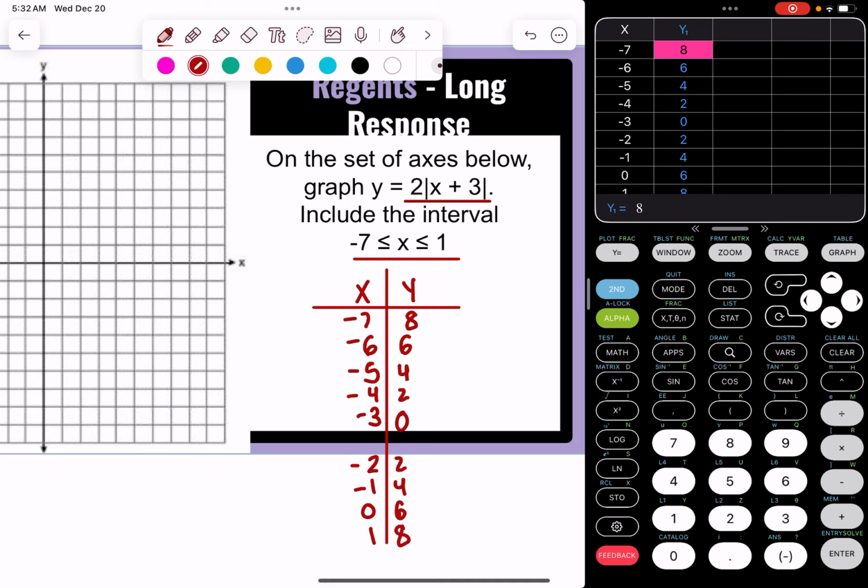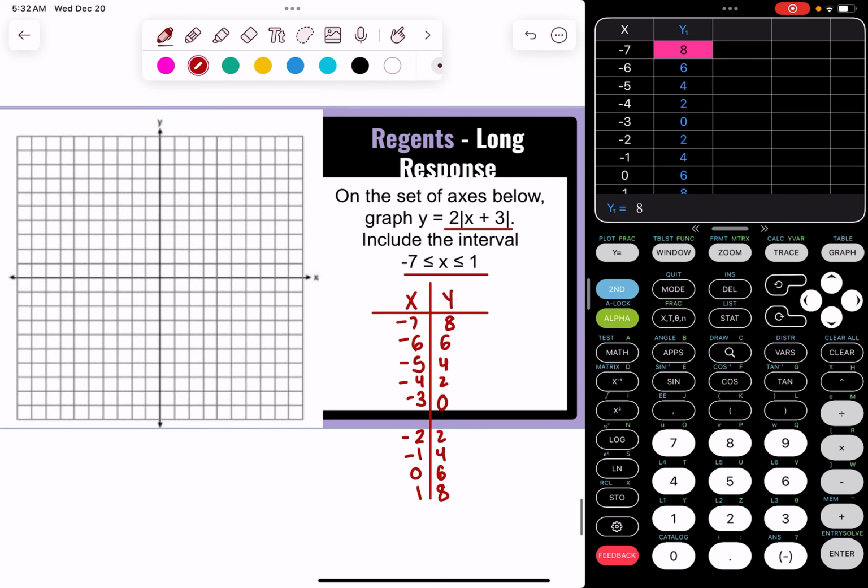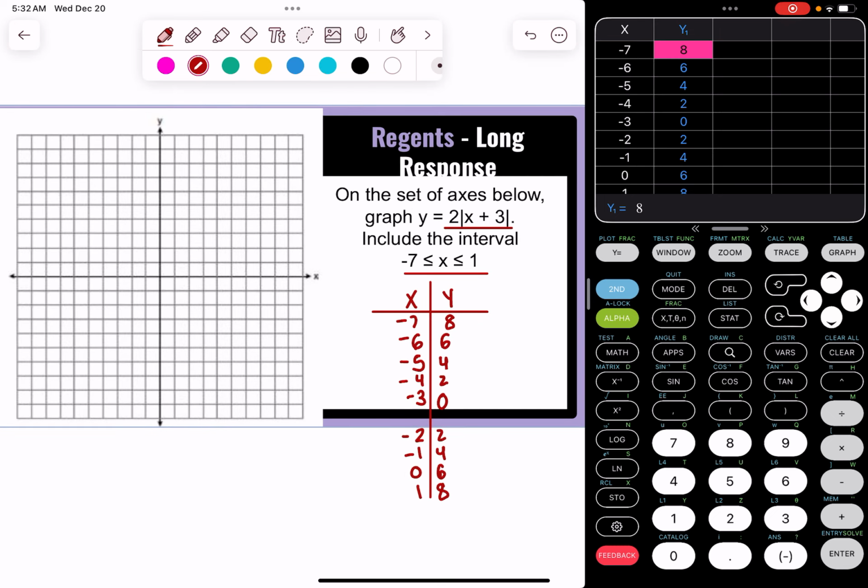All right. So they chose just like I would choose, where you have the vertex and then a few above and a few below. It'll be a nice looking graph. Let's do this. Negative 7, 1, 2, 3, 4, 5, 6, 7, and let's go up to 8. That's 6, 4, 2, 0, 2, 4, 6, 8.